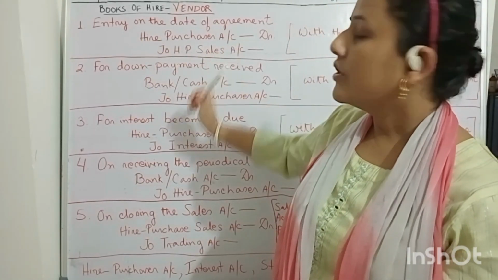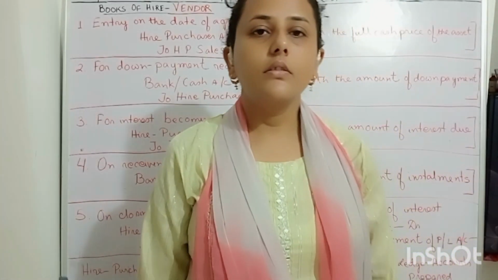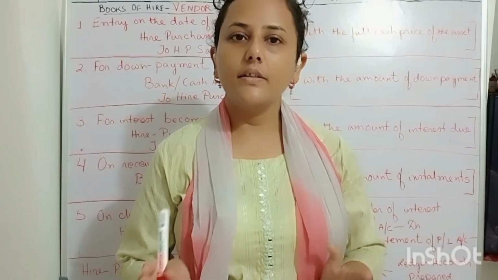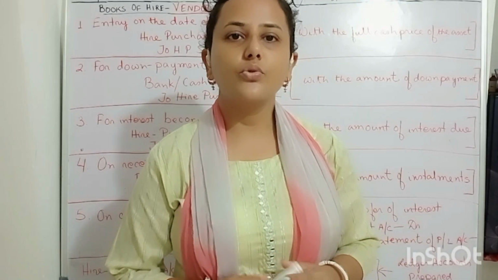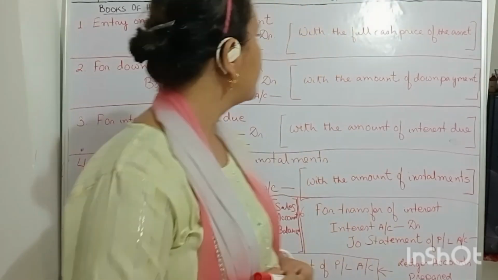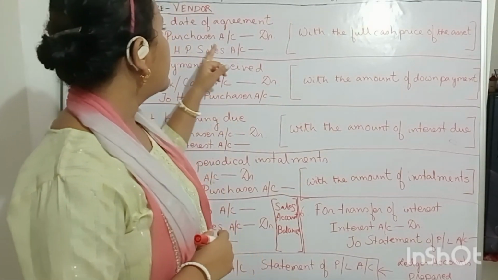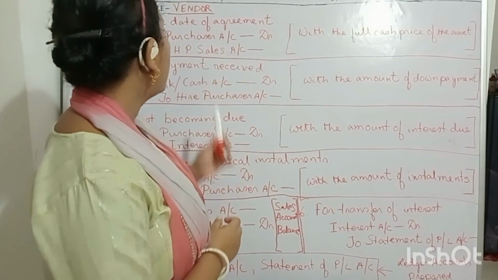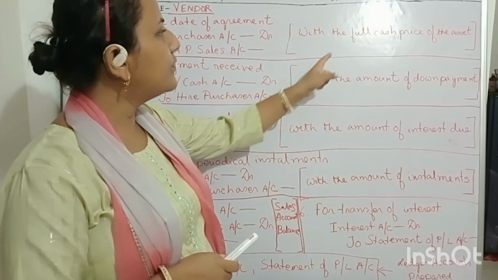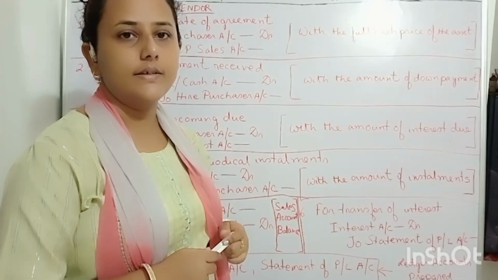Entry on the date of agreement. When both the hire purchaser and the hire vendor enter into the agreement, what is the entry? Hire purchaser account is debited to hire purchase sales account with the full cash price of the asset.